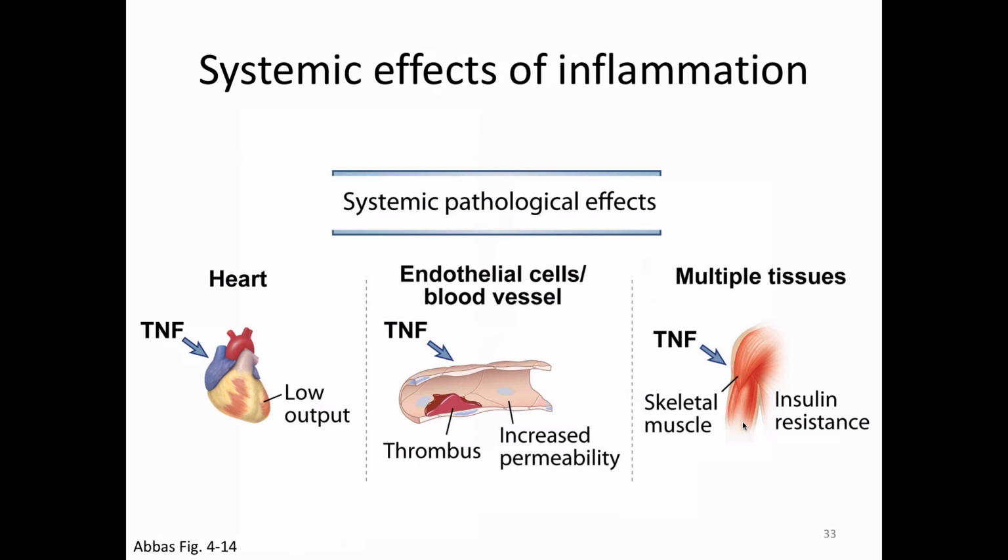You might get overall changes to your vasculature. You might get overall changes to the metabolism of your muscle. And in the end, this could start to lead to things like cardiovascular disease. This could start to lead to things like insulin resistance and types of diabetes.